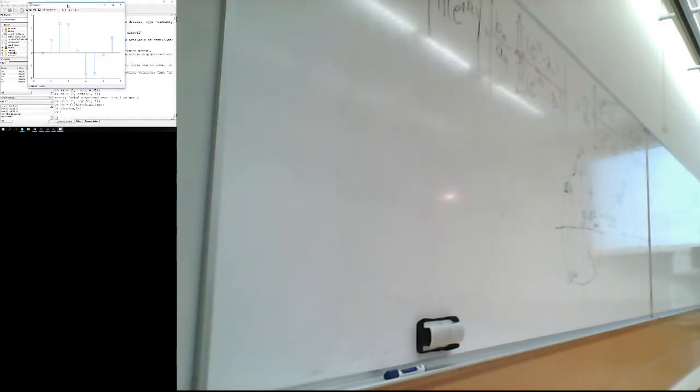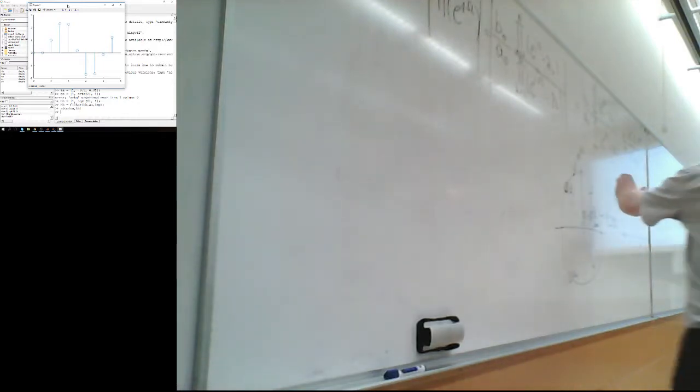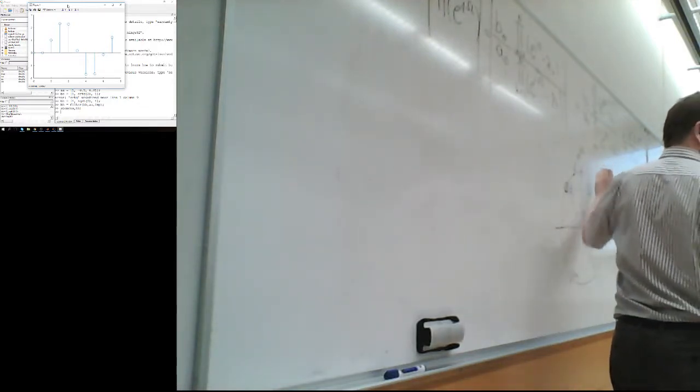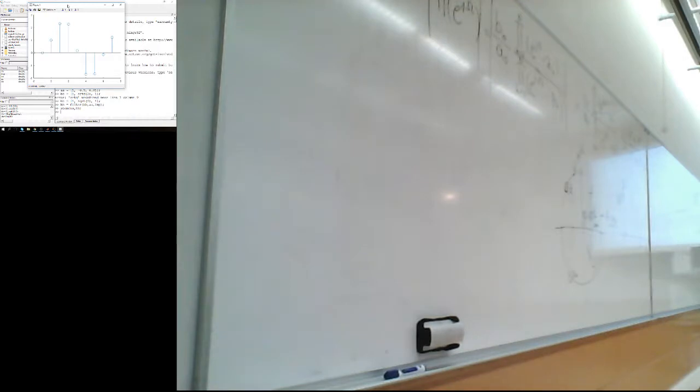Well, the pole is closer to the unit circle, so it basically has bigger oscillations on that fundamental frequency. So the overshoot actually happens on this fundamental frequency. Yeah, I modified the system, that's why it has that one.